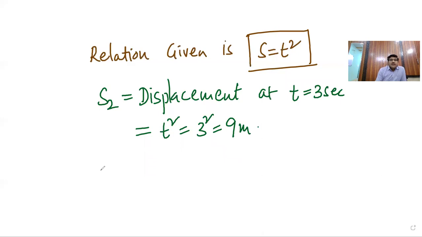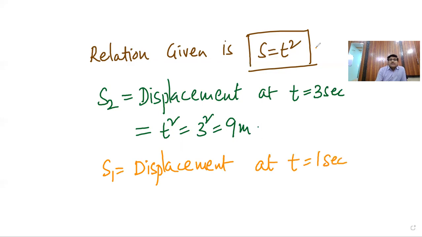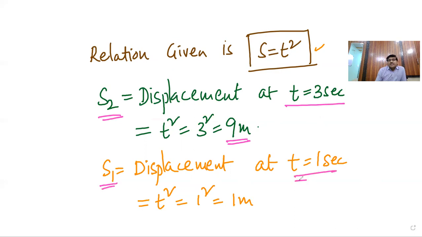Similarly, S1. S1 is what? Displacement at t is equal to 1 second. So substitute t square, which is equal to 1 square, so displacement is 1 meter. So here I highlight: S2, displacement at 3 seconds, is 9 meters, and S1, displacement at 1 second, is 1 meter.